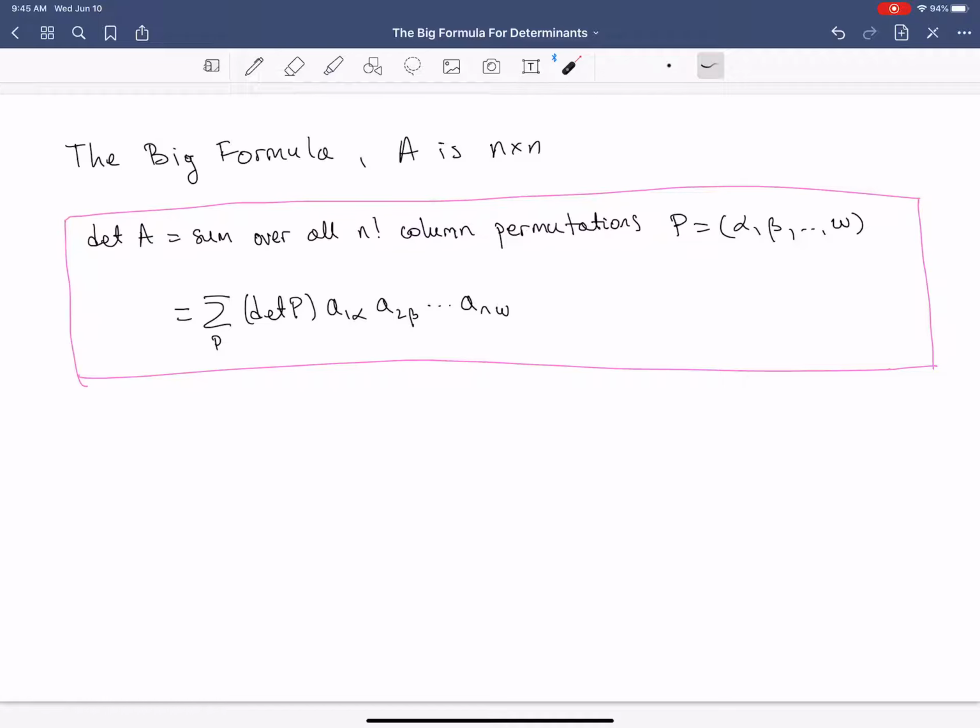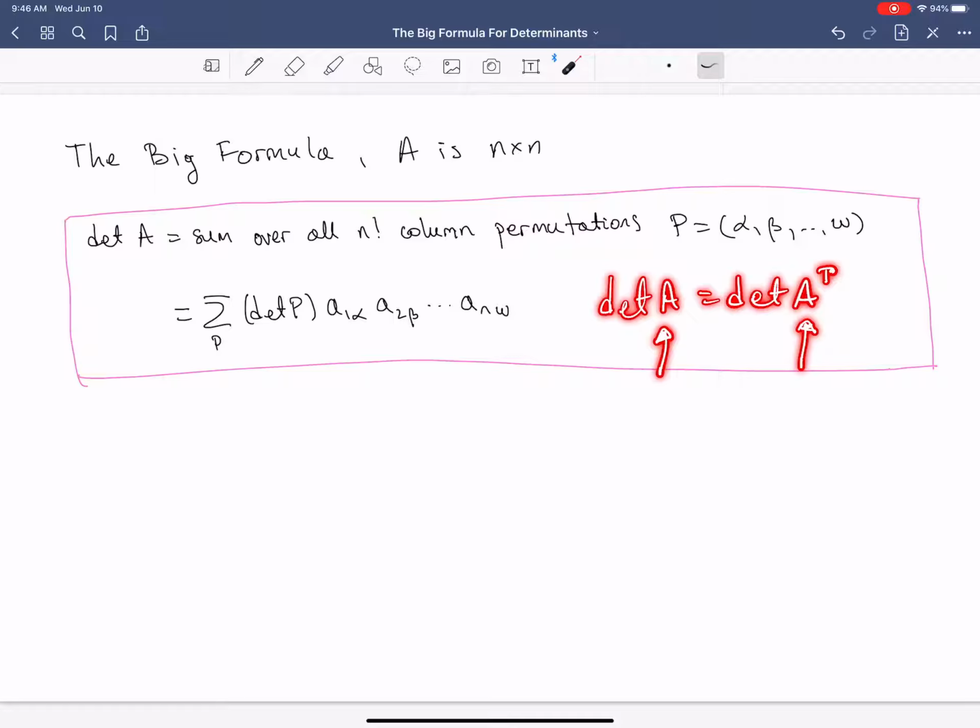By the way, row exchanges or column exchanges, when it comes to finding the determinant, both work in the same way, and that is because the determinant of A equals the determinant of A transpose. So this equation tells us that all operations that we can do on the rows of A, we can also do on the columns of A, because the columns of A are the rows of A transpose.